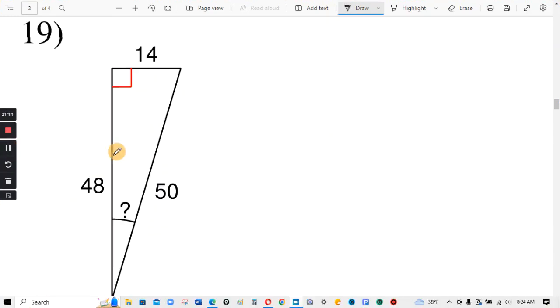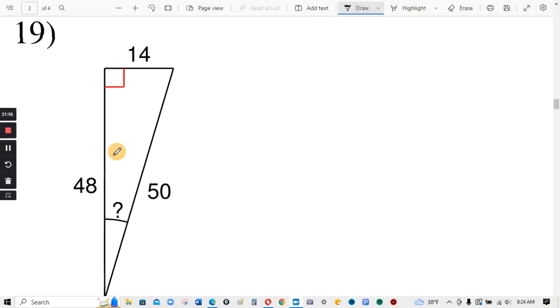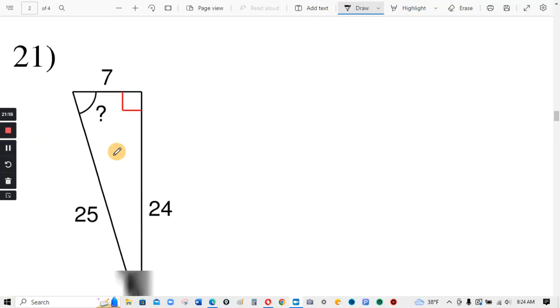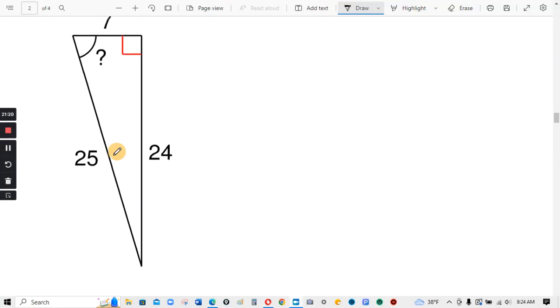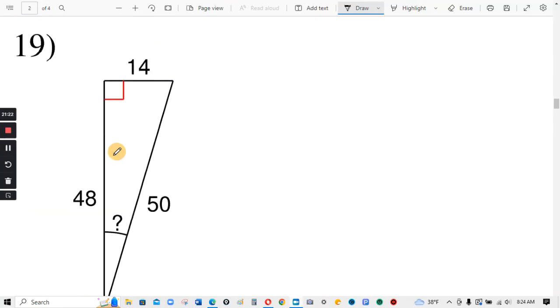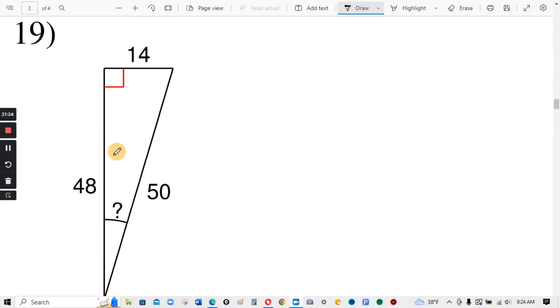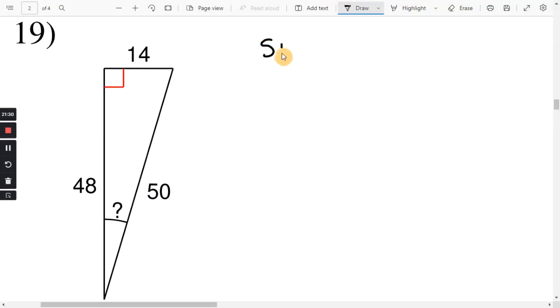Now, just one final thought. In the last section, they give you all 3 sides, okay? So you can use any one of the formulas. I recommend using the sine formula. If you're given all 3 sides, I would just use opposite over hypotenuse. Okay?